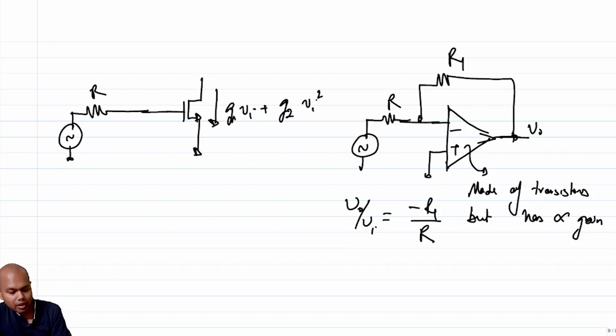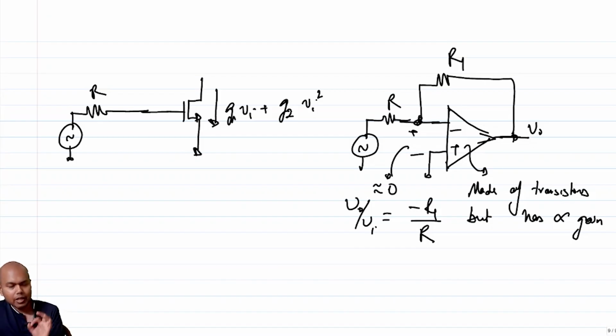Correct? So why is the op amp, even though it is made up of transistors, not causing any distortion? It's causing minuscule distortion. It's because if you think about it, what is the signal swing here? The signal swing is virtually zero, right? So the input of the op amp is not swinging. The high gain negative feedback is enforcing a virtual short between the input terminals of the op amp, and hence it is not swinging, right?